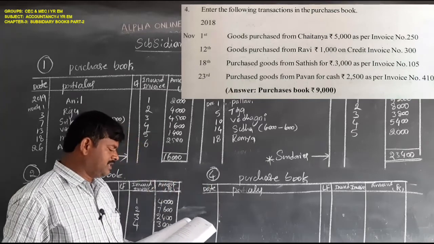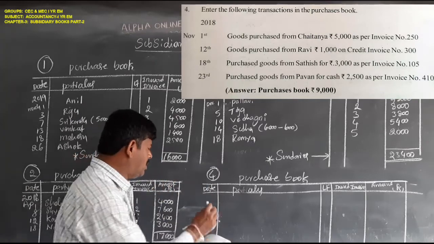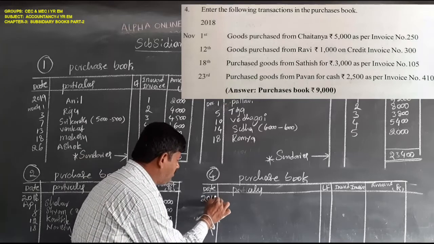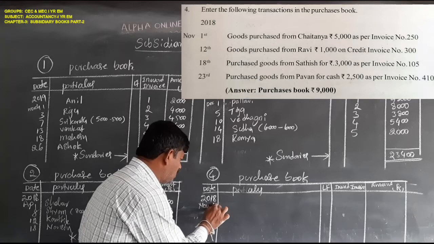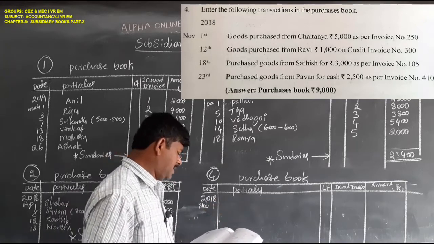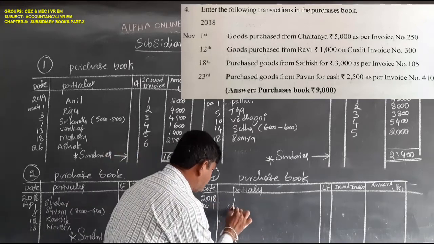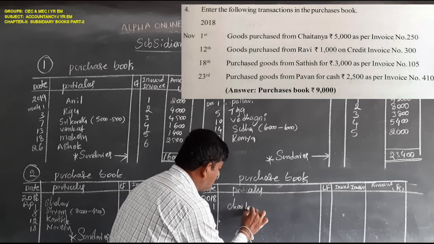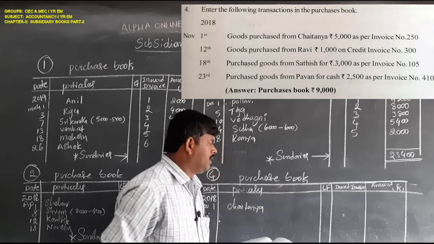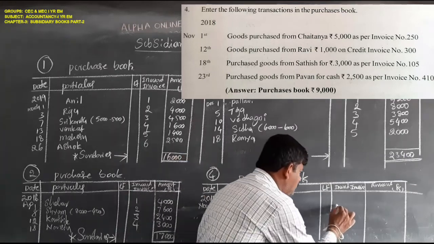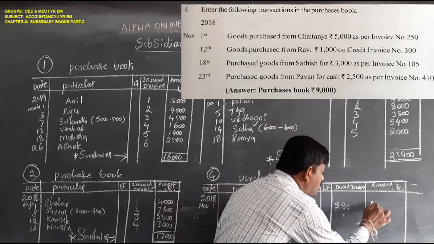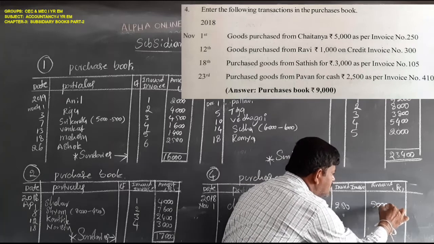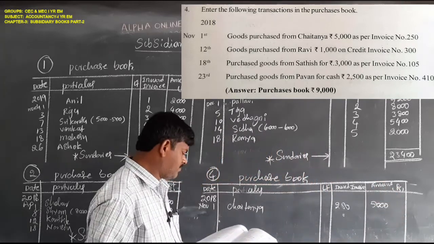Whatever invoice numbers are given in the problem should be mentioned. 2018 November 1, purchase from Chaitanya, invoice number is 250, so write 250, amount is 5,000 rupees. This is the first transaction.